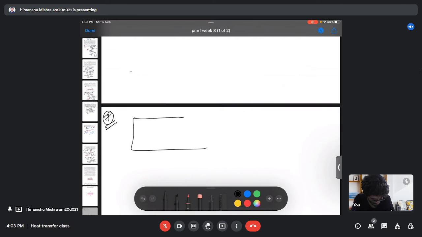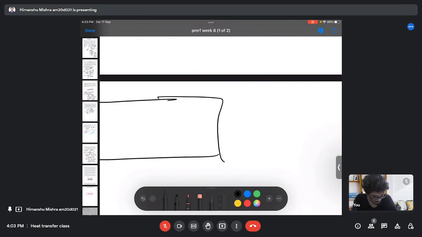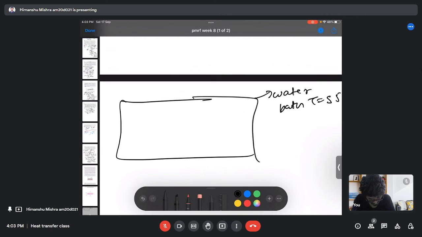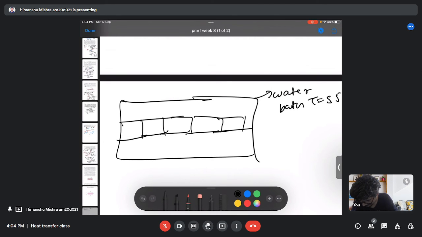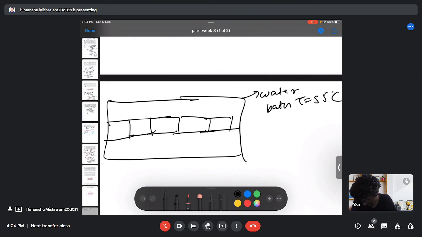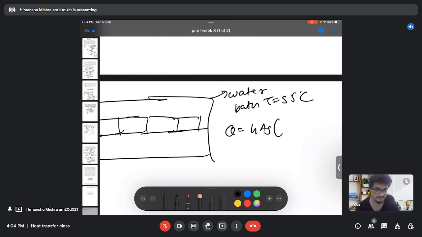Let's say this is my water bath at temperature 55 degrees Celsius, and these are my cans arranged in a series. To find the heat transfer rate, the question is similar to the previous question, so we will be using Newton's expression for the heat transfer rate.